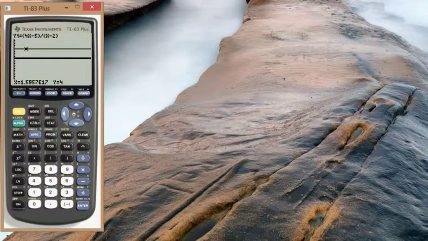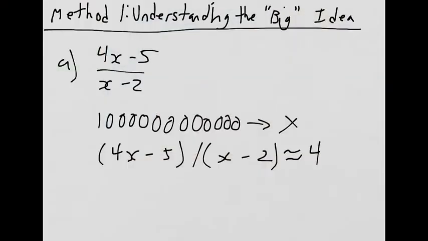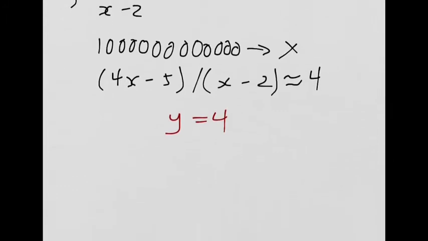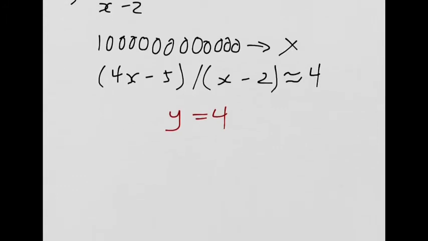That's not an official way to determine a horizontal asymptote. That's just the best guess I can find. Okay, so that's one way you can do it, is just make x really, really big, put it in, and see what the graph kind of equals approximately. Right, so here the horizontal asymptote would be approximately y equals 4. That's our suspicion, at least. We haven't proved it officially, but we can suspect that.